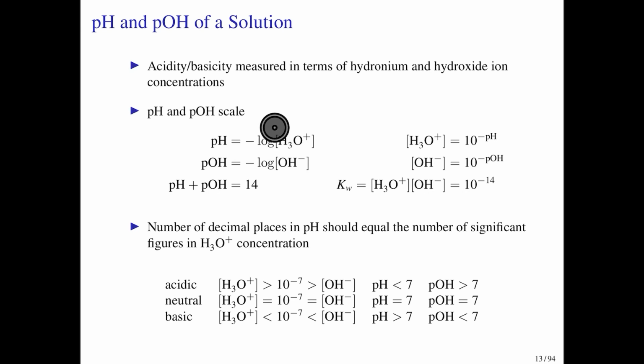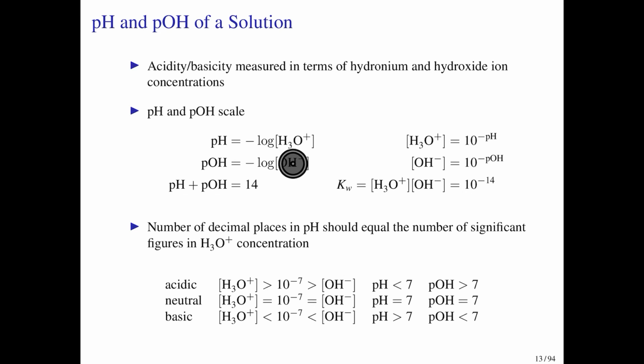In the case of the pH, you take the hydronium concentration of the solution, you take the logarithm of that, which essentially brings down the exponent in the concentration, and you multiply by -1. For the pOH, it's defined similarly, except you use the hydroxide concentration in units of moles per liter. You take the logarithm, multiply by -1, and that gives you the pOH of the solution.